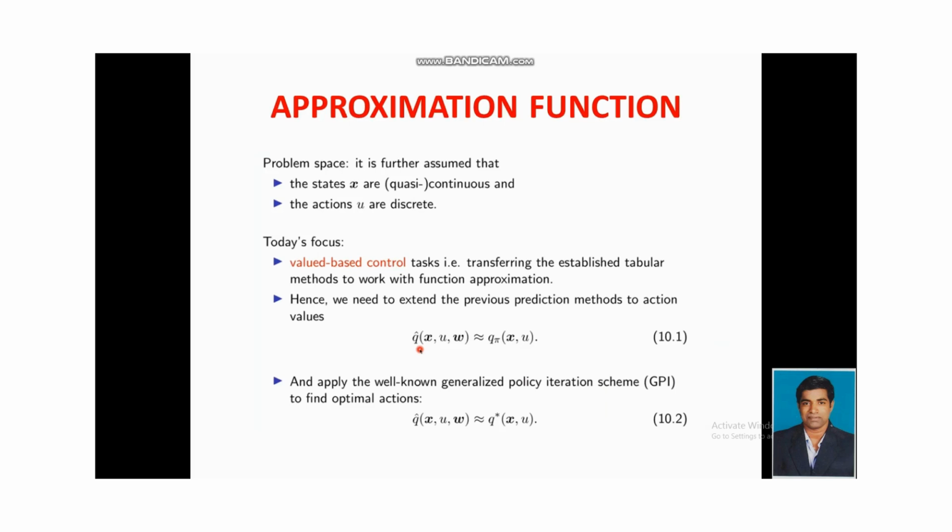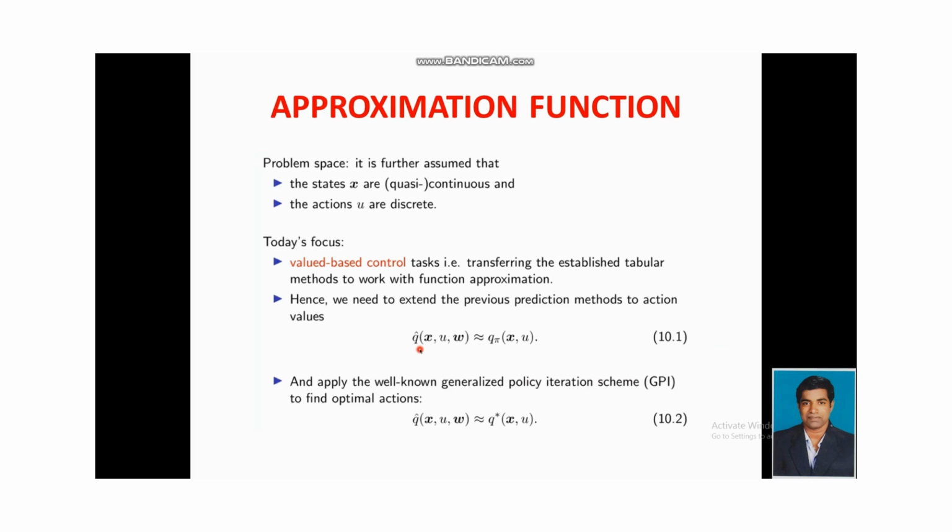Approximation function problem space: it is further assumed that the states x are quasi-continuous and the actions u are discrete. Today's focus is the value-based control task, transferring the established tabular methods to work with function approximation.